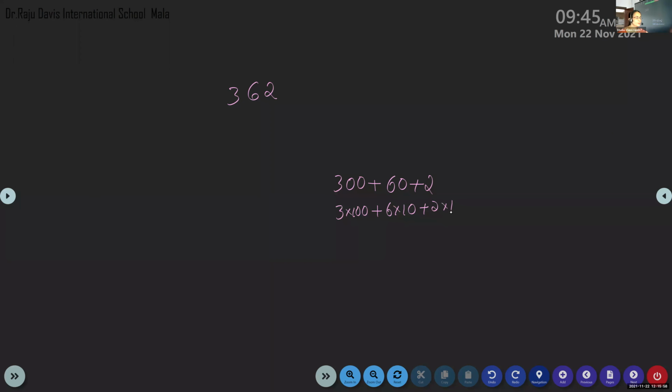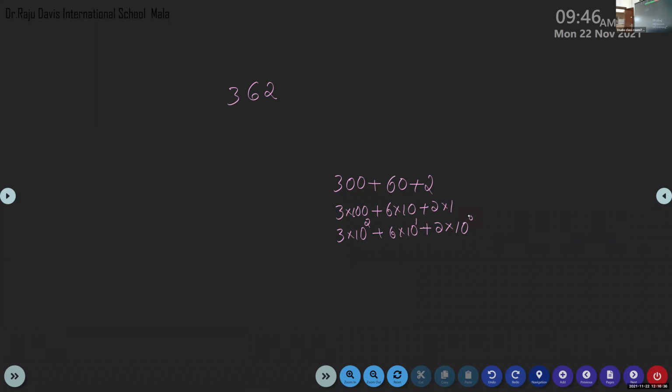Now 3 into 100 is 3 into 10 square, plus 6 into 10 raised to 1, plus 2 into... How can we write 1 in terms of 10? Now we have studied, using our laws, that 1 can also be written as a power of 10. Yes, Elsa, it is 10 raised to 0.